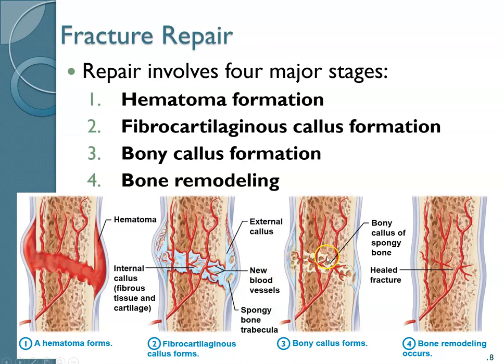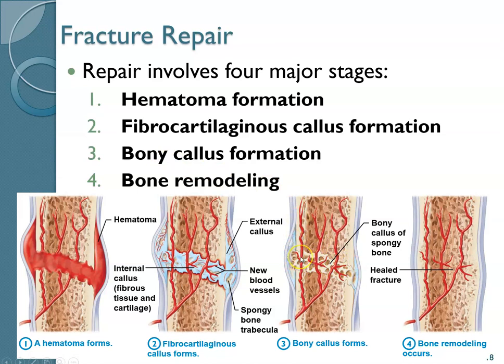Next, we will replace that cartilage with bone. But here it's easier to build spongy bone, so we will first replace it with spongy bone, and then we form a bony callus. We don't stop there. Just because we've connected it with bone, we don't stop there.